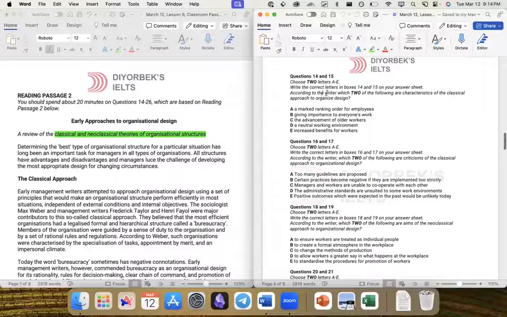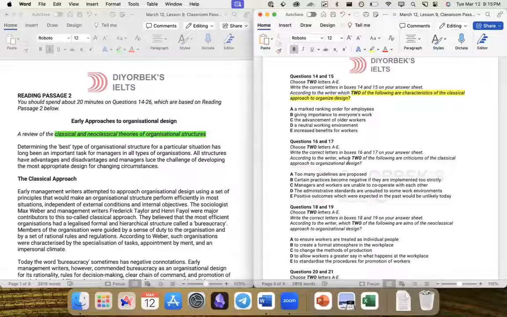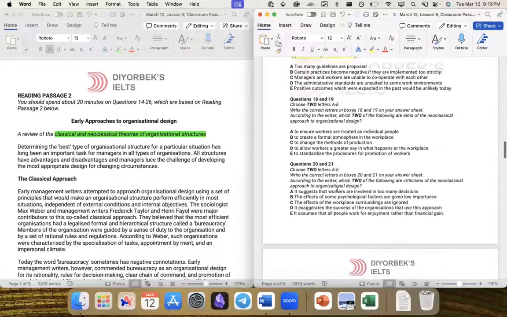So let's read. According to the writer, which two of the following are characteristics of the classical approach to organizational design? We need to find the classical approach design. Then, according to the writer, which two of the following are criticisms of it? I don't read the options because the questions tell us where the right location is.